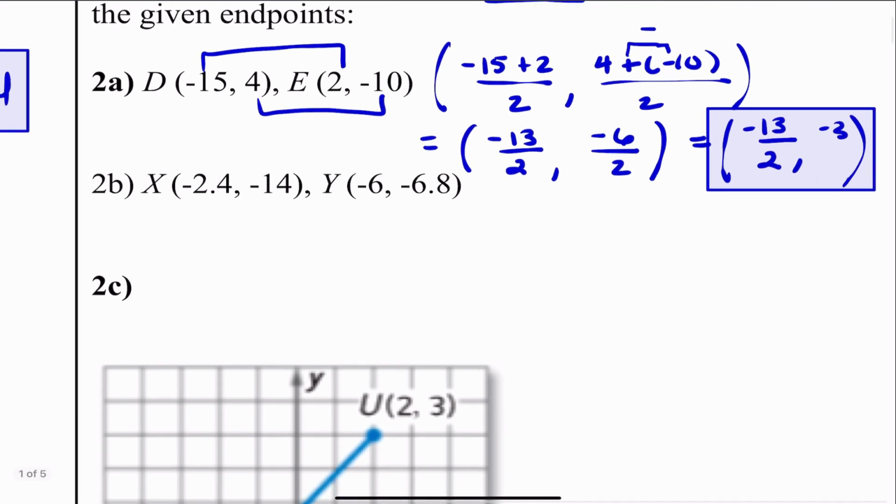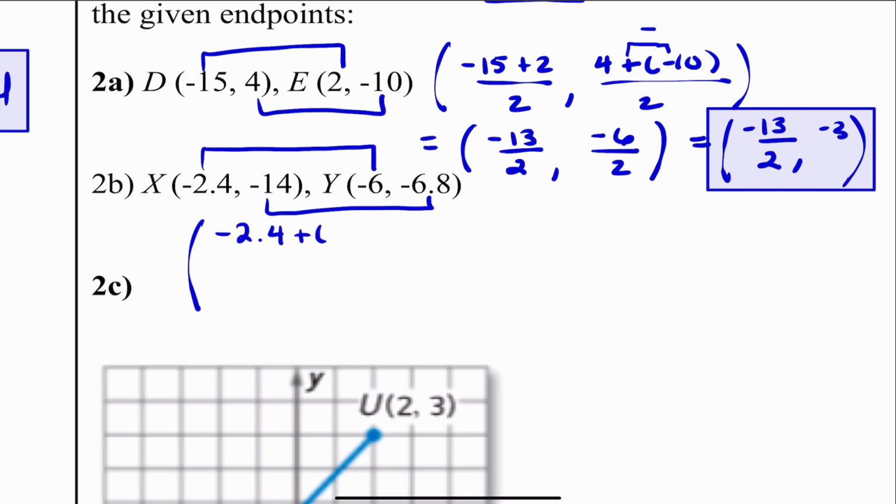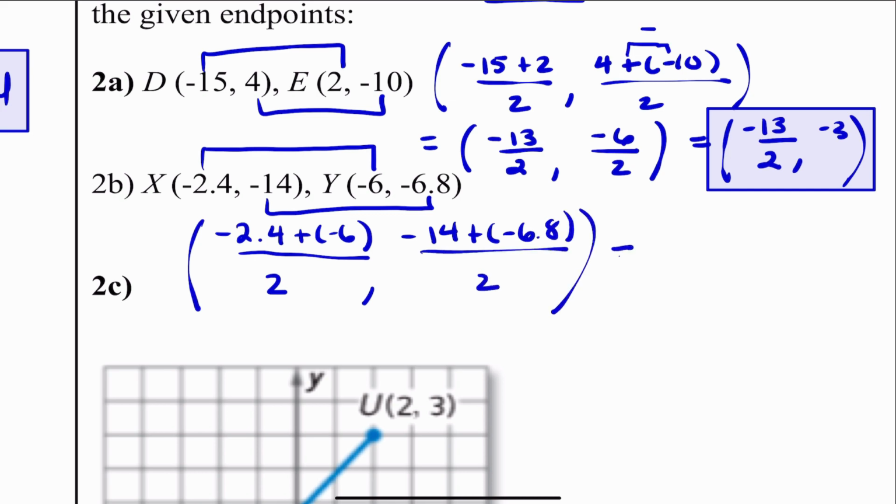Okay? Now we're getting into the decimals. That's awesome. So, negative 2.4 plus negative 6 over 2, then comma, negative 14 plus negative 6.8 over 2. So then, what is this going to be? Negative 2.4 plus negative 6 is negative 8.4 divided by 2, comma, negative 14 plus negative 6.8.